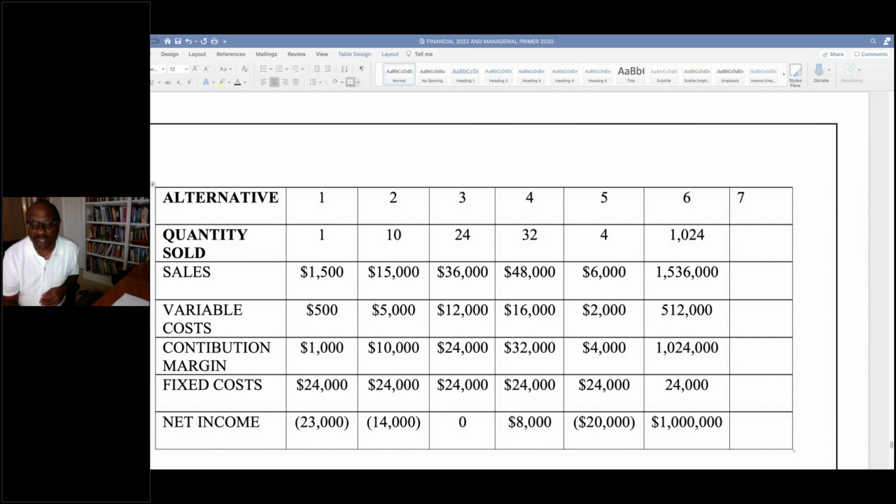Let me see if everybody can do this. Everybody except Terrell said they could do it. Can we go over another one?